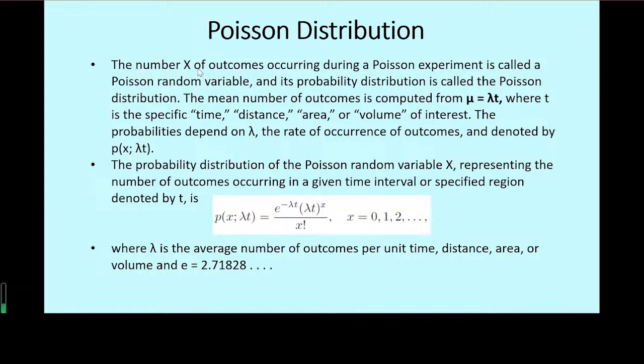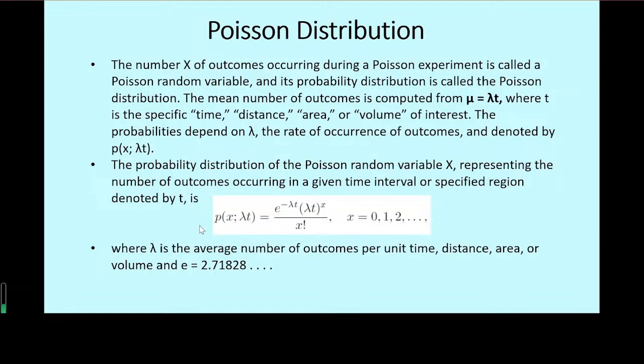And the number x of outcomes occurring during a Poisson experiment is called a Poisson random variable. And its probability distribution is called the Poisson distribution. So the mean number of outcomes is computed from mu equals lambda t. So t is the specific time, distance, area, or volume of interest. And lambda is called the rate of occurrence of outcomes in a unit time period, unit distance, unit area.